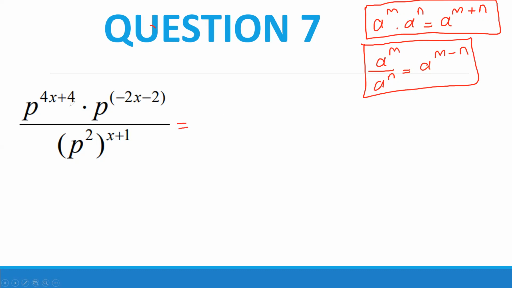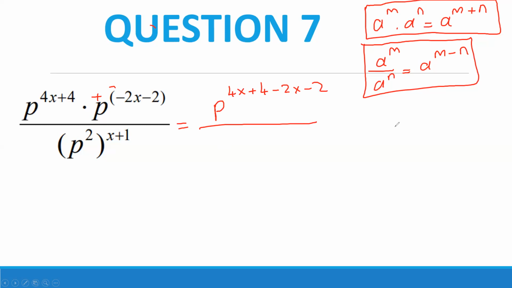First of all, as you see, p and p, you write p first, 4x plus 4, and open bracket, minus 2x minus 2. If you are not okay with that, we can say plus first, like this, but plus and minus making minus. And what else do we have?